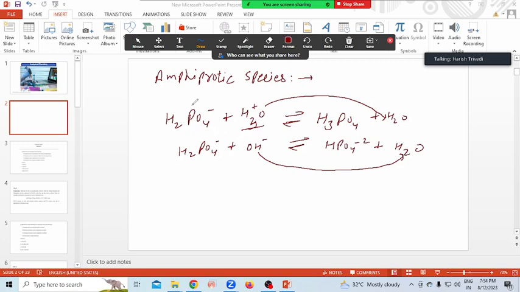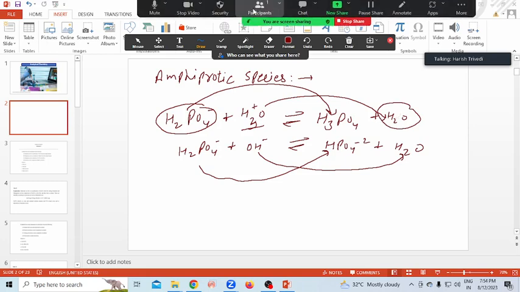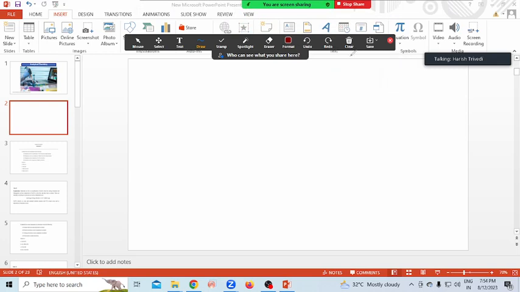Similarly, this H2PO4 minus takes a proton here, and here it is losing a proton. So we can say both these species are amphiprotic because they can give a proton as well as take a proton. On the basis of that we can explain this.